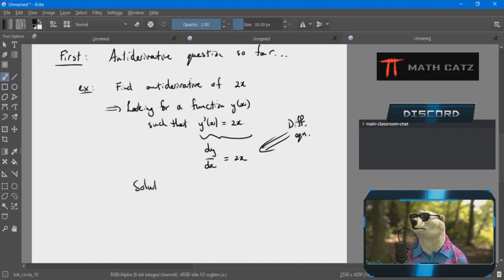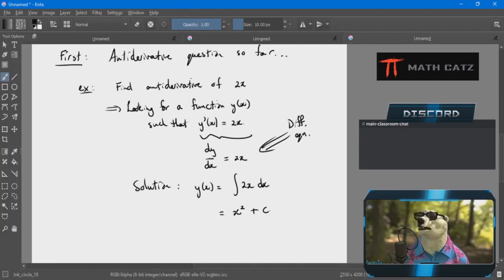And we know a solution is represented, my function y is represented by this indefinite integral, which I can then just reverse engineer my known derivative properties to get x squared plus c. So I see that there are actually a whole bunch of solutions to this differential equation.